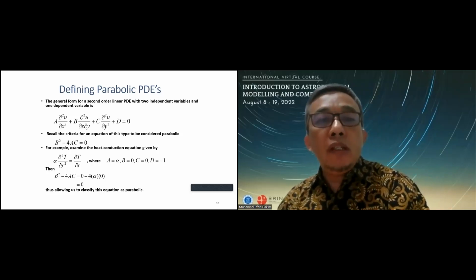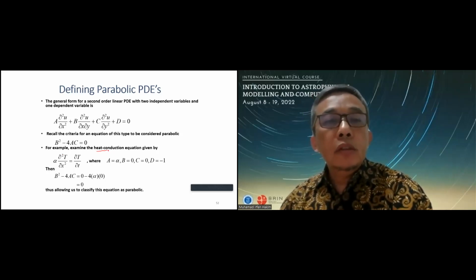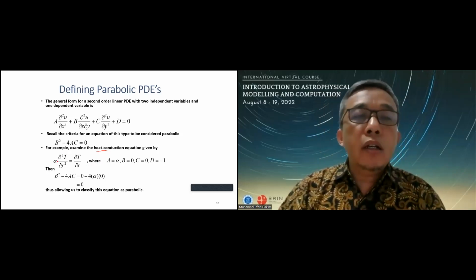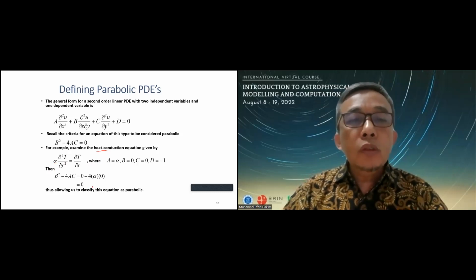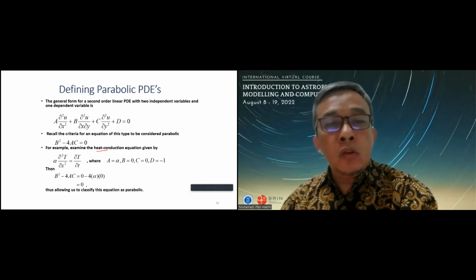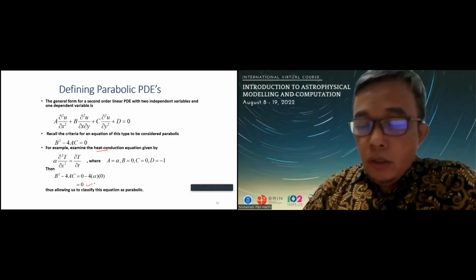We examine heat conduction here with alpha as a coefficient. So we expect it to be true that b squared minus 4ac is equal to 0.